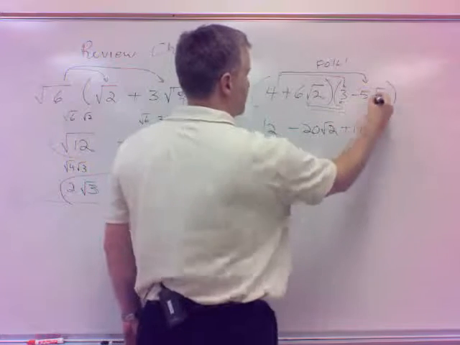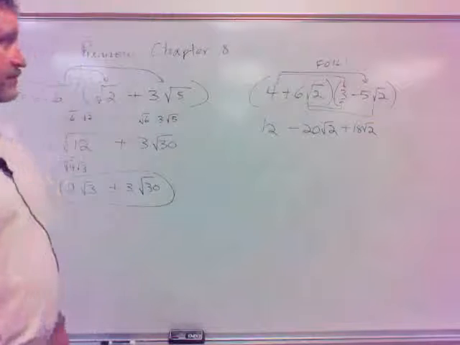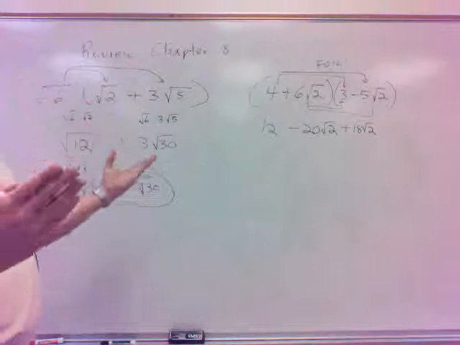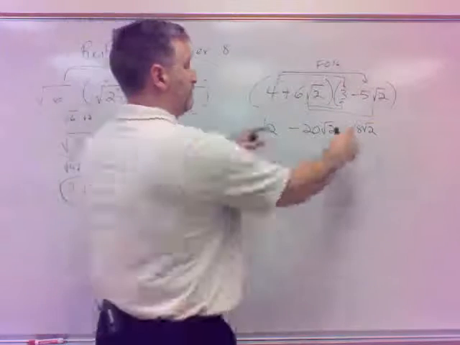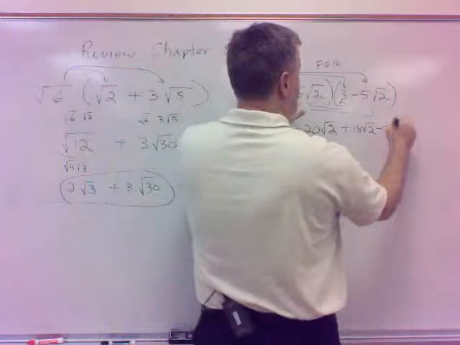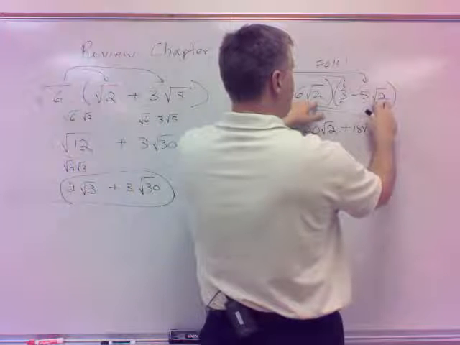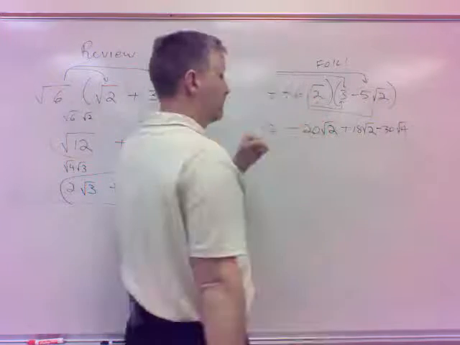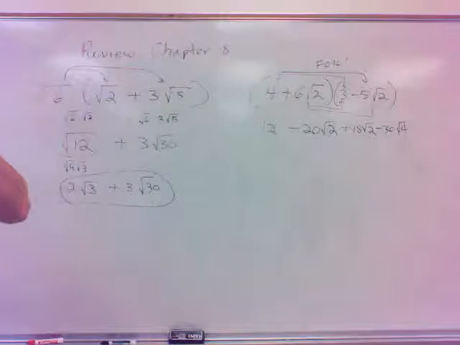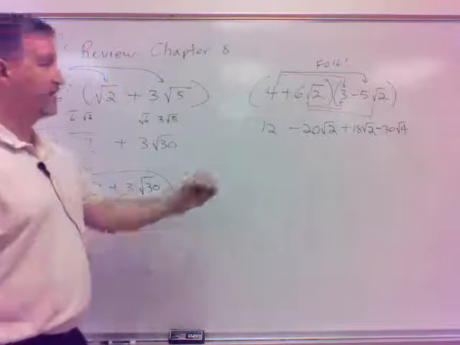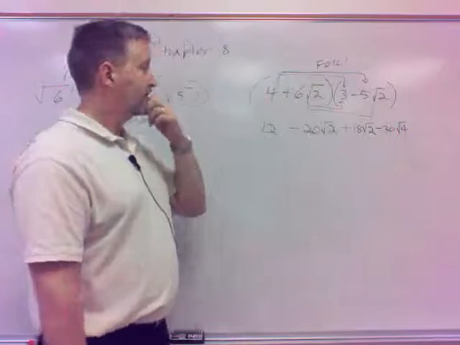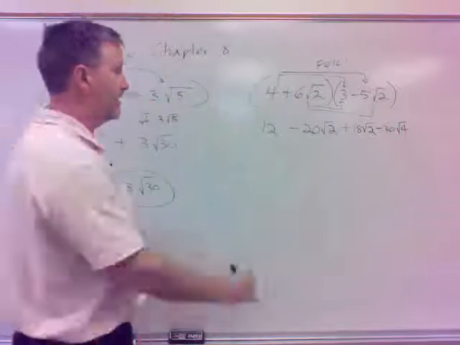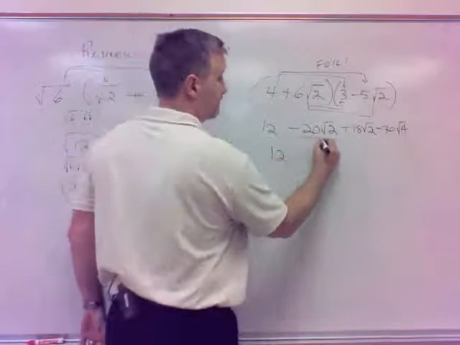And then 6 square root of 2 times minus 5 square root of 2. Well, there I've got two things I can combine. I can do the 6 times the negative 5. That's negative 30. And I can also go ahead and do the square root of 2 times the square root of 2, which is square root of 4. And then simplify accordingly. Here I can simplify the middle two, right? I've got like radicals in the middle there.